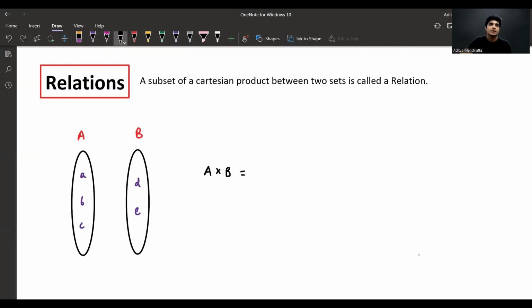Yes, that is correct. So that would be the relation between the elements of A and B, which are known as coordinate pairs.